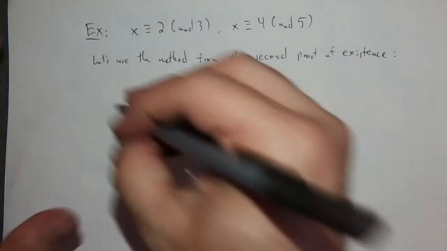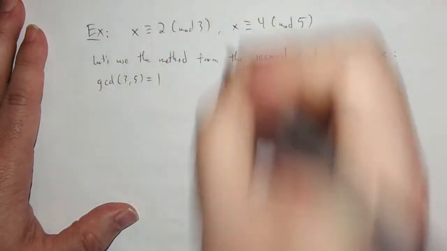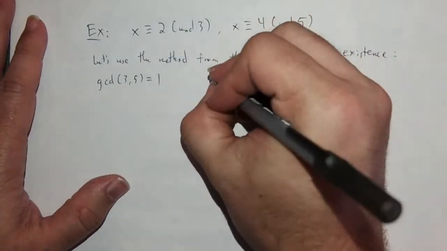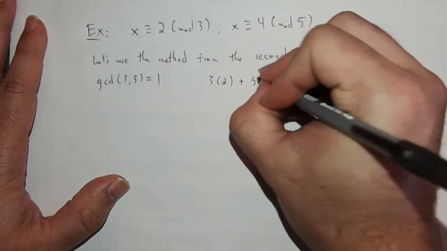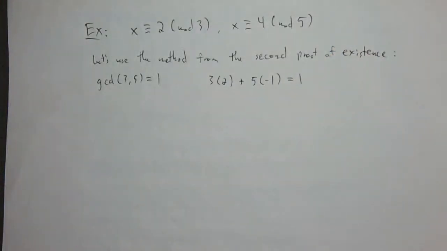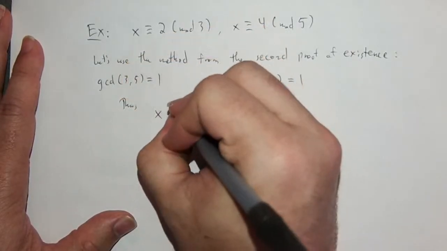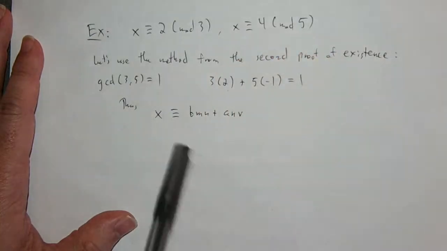So GCD of 3 and 5 is 1. I can quickly come up with a linear combination for these. No need for the Euclidean algorithm. This is easy enough. So 3 times 2 plus 5 times minus 1 gets it done. Thus, x is congruent to BMU plus ANV.